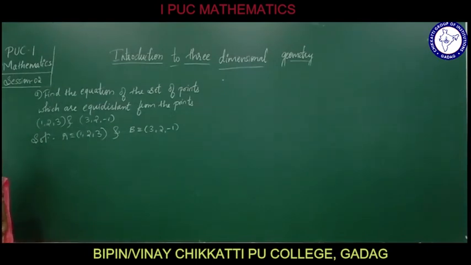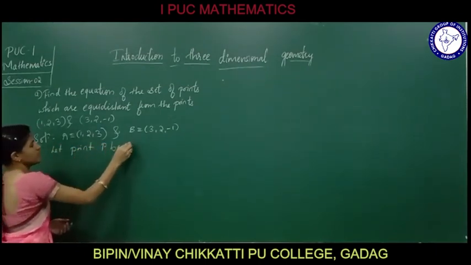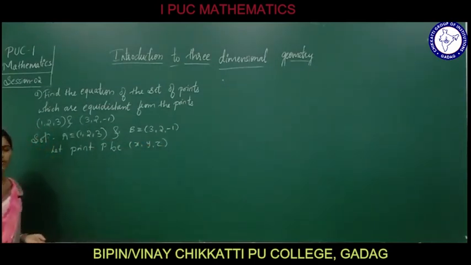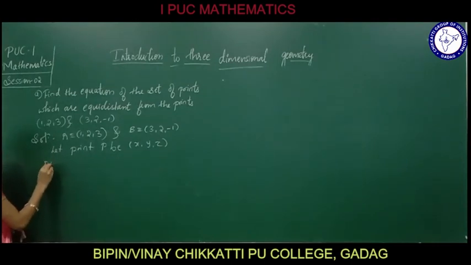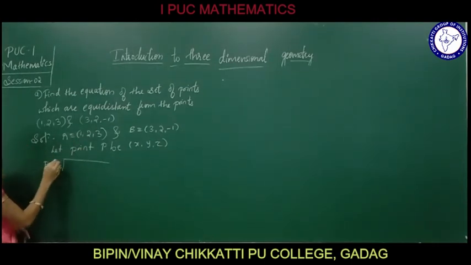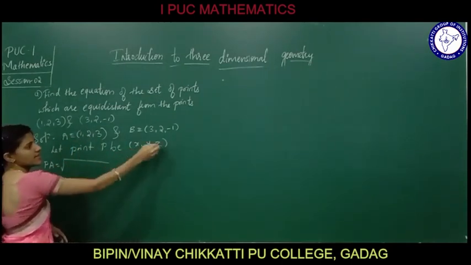Now let us consider the point P. Let point P be (x, y, z). So what we shall first do is find the distances PA and PB. PA will be the root of, this is going to be x2, y2 and z2, and this is going to be x1, y1 and z1.